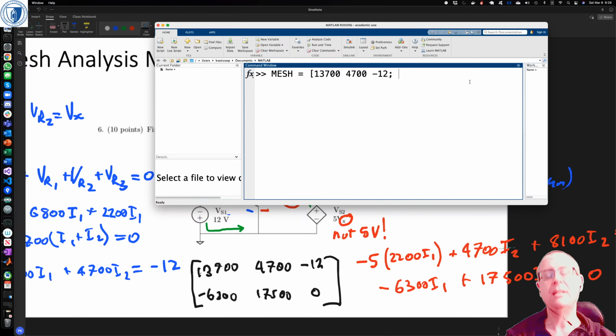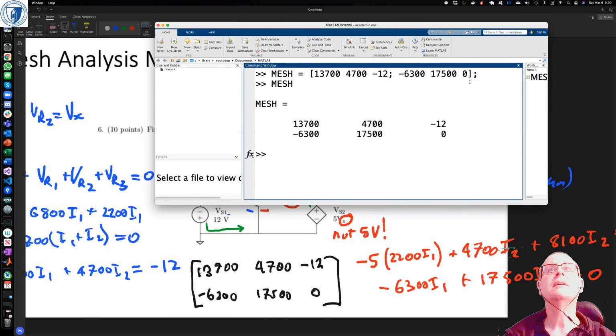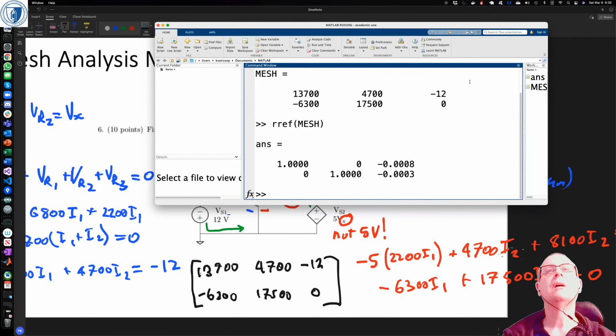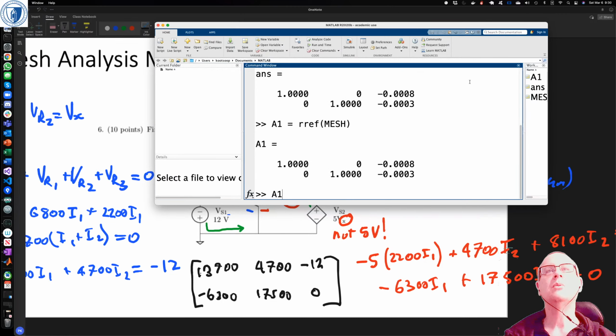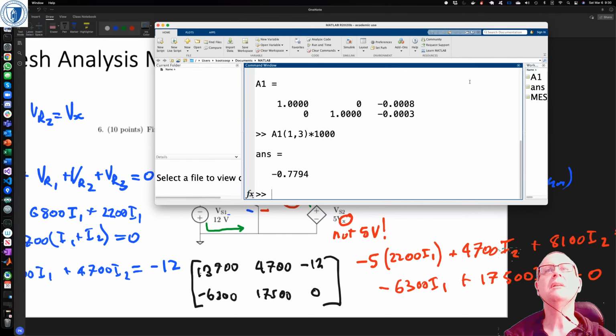So we just put that in, and then minus 6,300, 17,500, 0. Just check that that's right. 3,700, 4,700, 6,300, 17. Yep, that looks good. And then we just use the RF function. And I'm just going to put that into A1 and then look at A1 1,3 times 1,000 maybe.